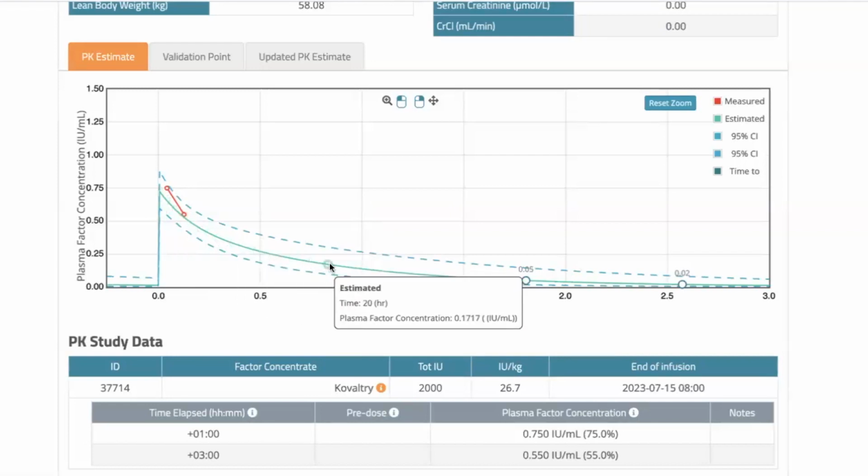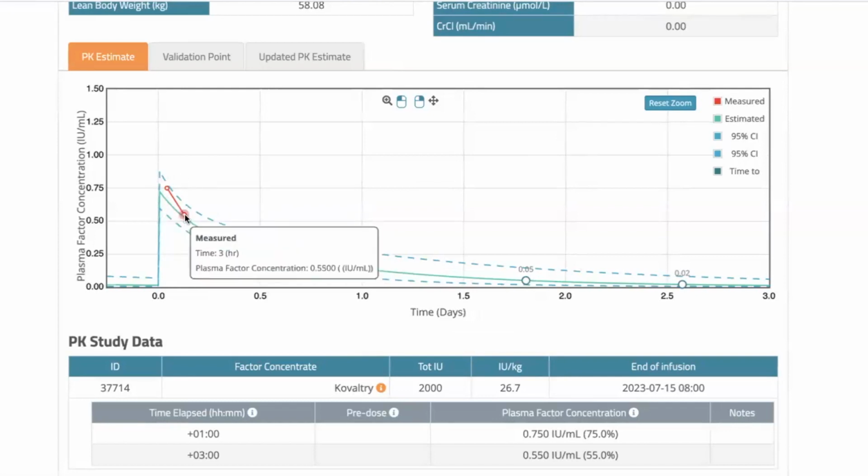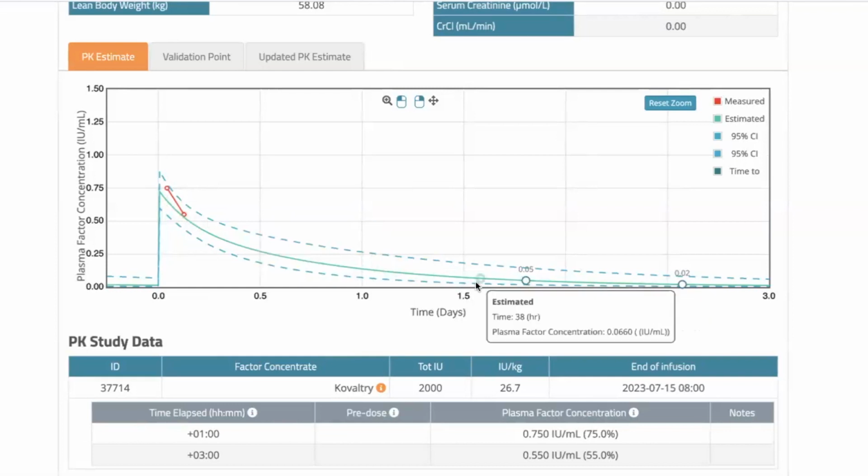The continuous green line is the best estimate. The dotted lines are the confidence interval. This is an estimation, so it is as good as the data we give, and by only giving 2 points around peak, there is some uncertainty later on in the curve.